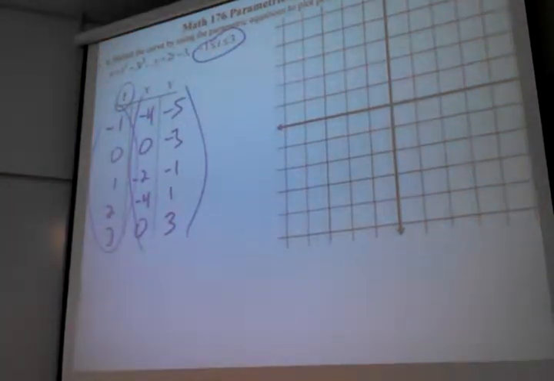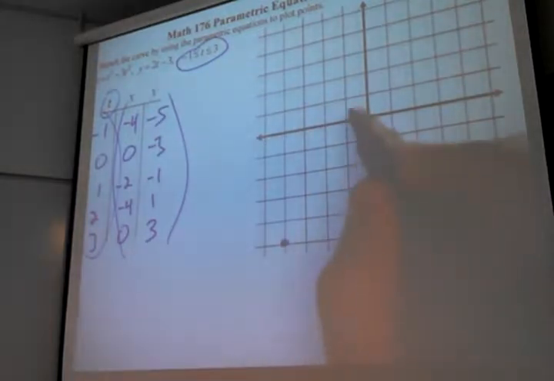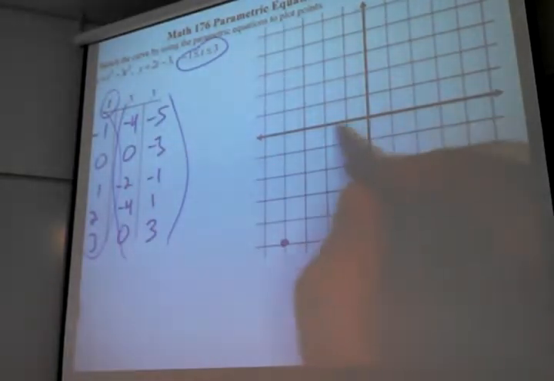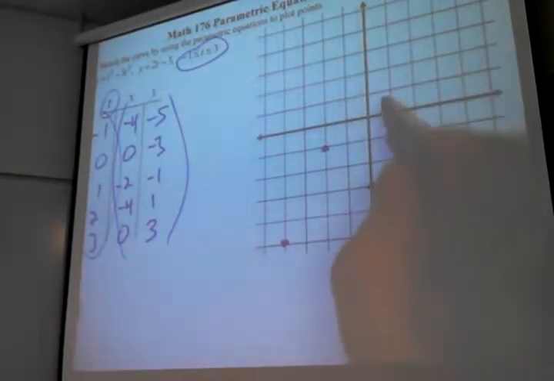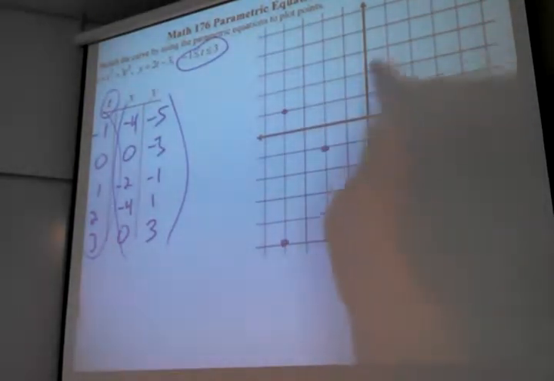Be very careful, t doesn't actually show up explicitly. So then you graph those: -4, -5, 0, -3, -2, -1, -4, 1, and 0, 3, like that.